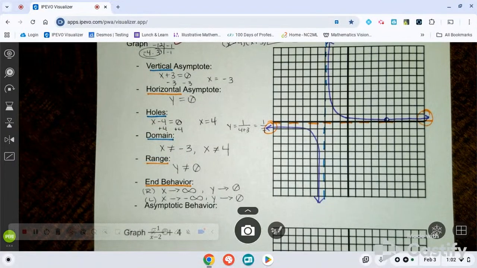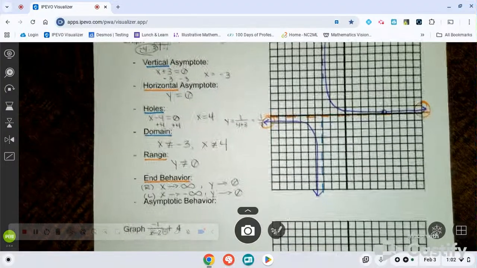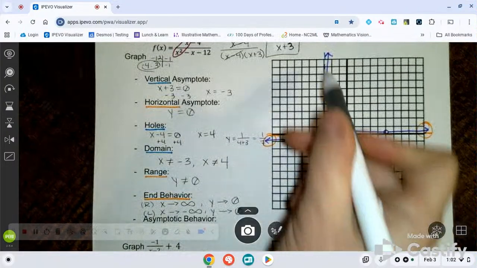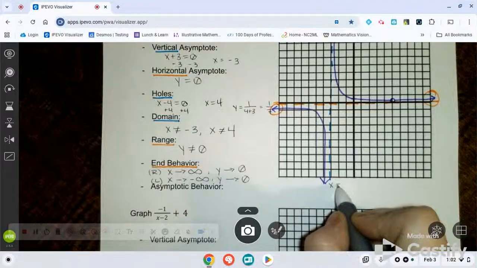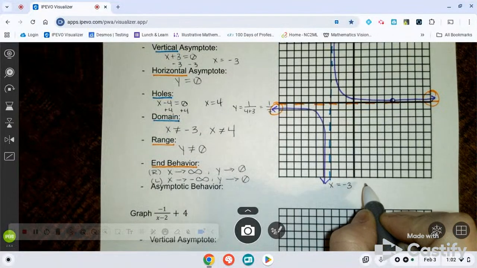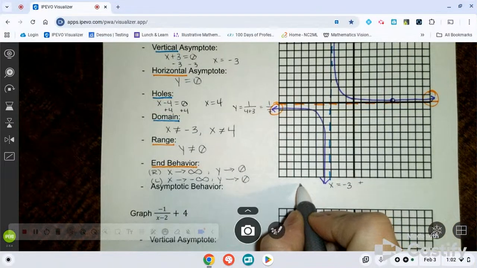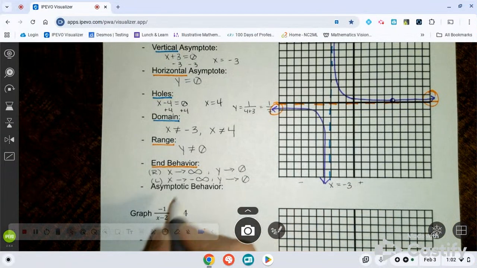Our asymptotic behavior, or our behavior around our vertical asymptote, is going to be happening around x equals -3, and we're going to talk about it on the right and on the left.